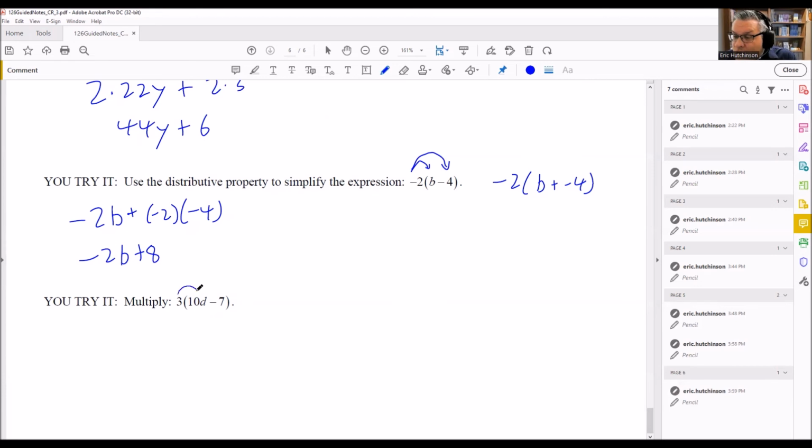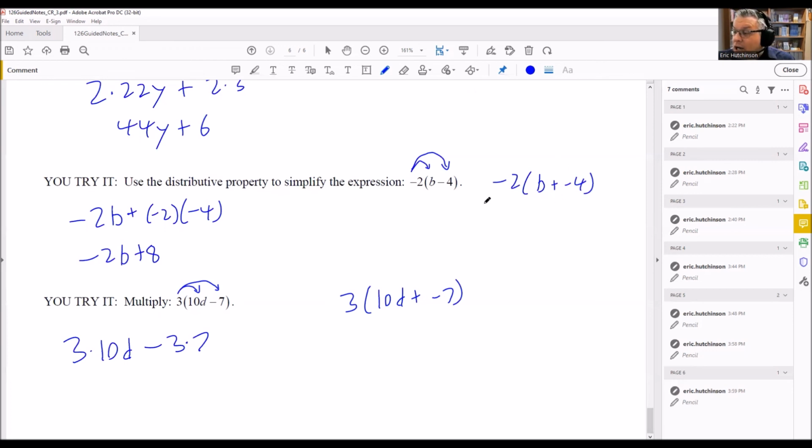All right, now I'm going to do just one more here. I have 3 times 10d and 3 times the -7. So 3 times 10d, and then I have a minus sign there, 3 times 7, just like that. Again, if you'd like to write it out as adding the opposite, you certainly can do that, but it's going to turn out being negative anyway.